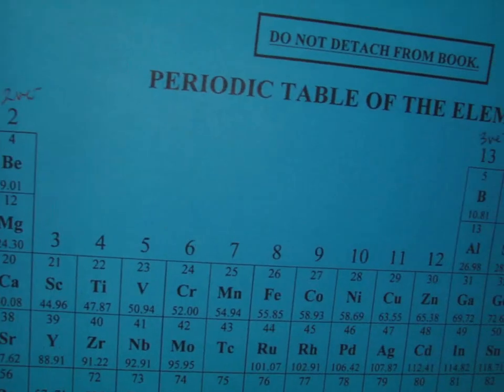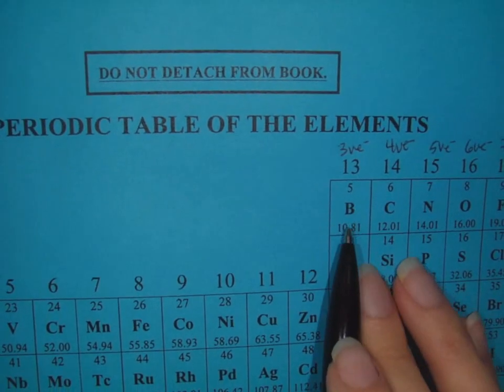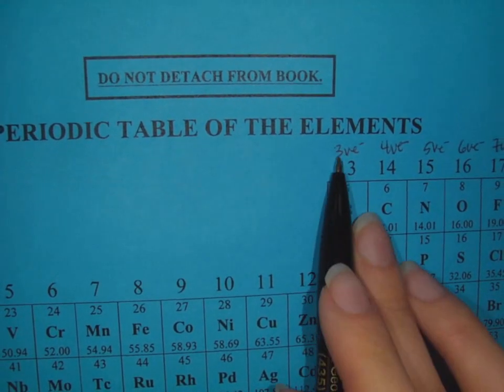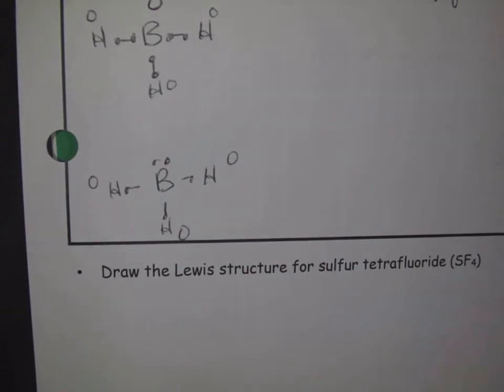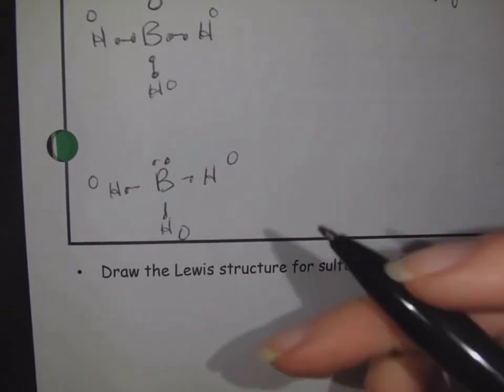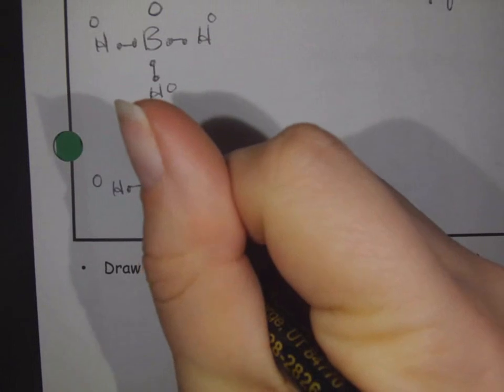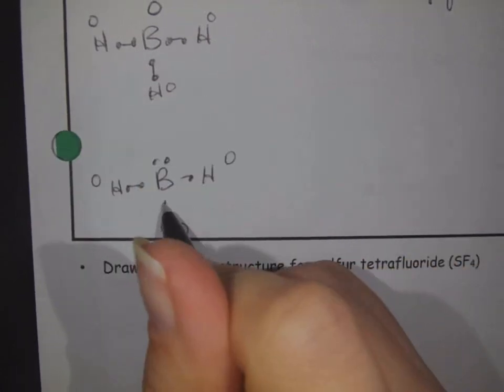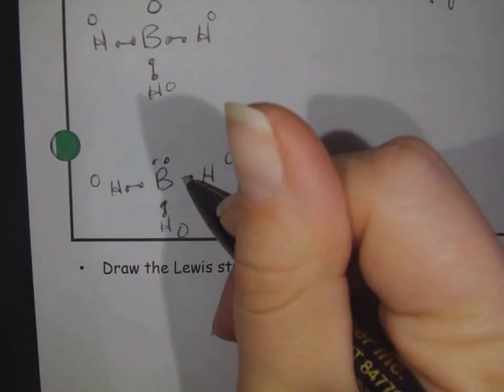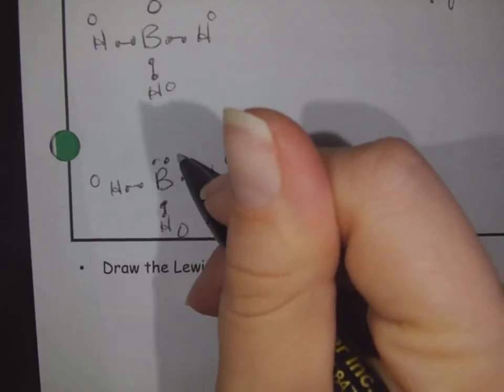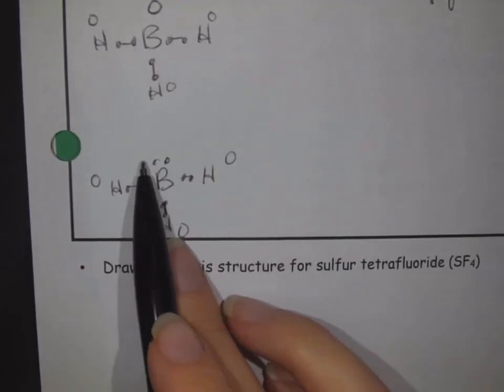So look at this. Boron is right here, and we said 3 valence electrons, but it is assigned way more than 3. Right now, this boron is assigned 1, 2, 3, 4, 5. Those ones up above, 4, 5.